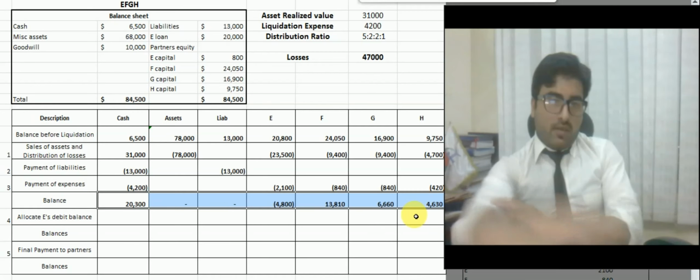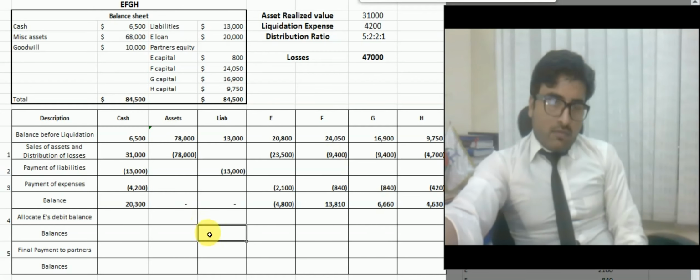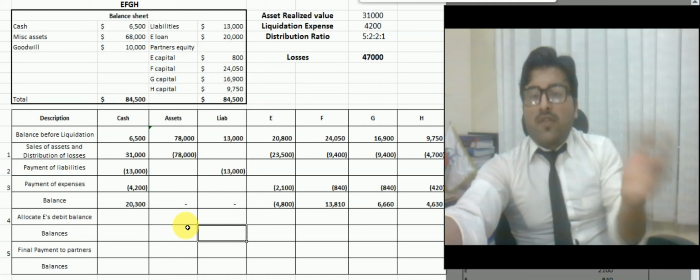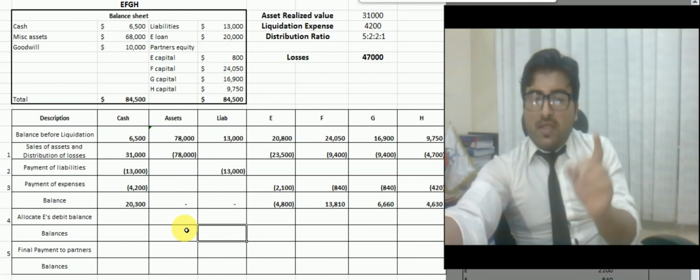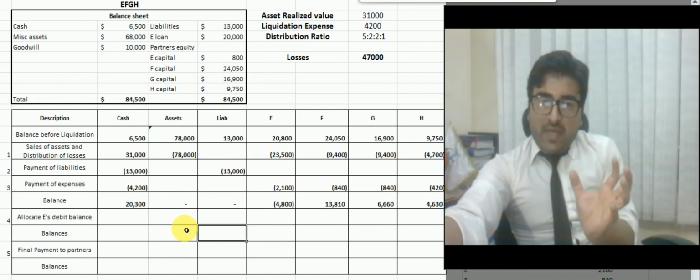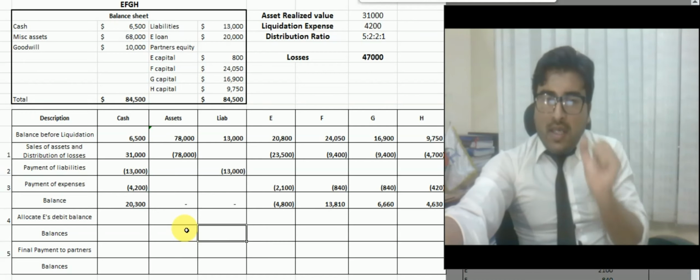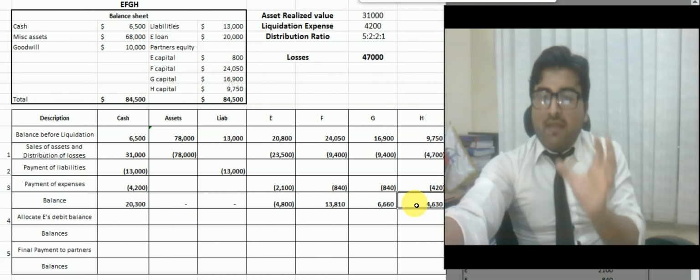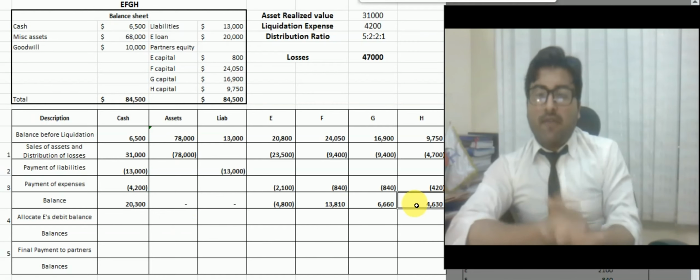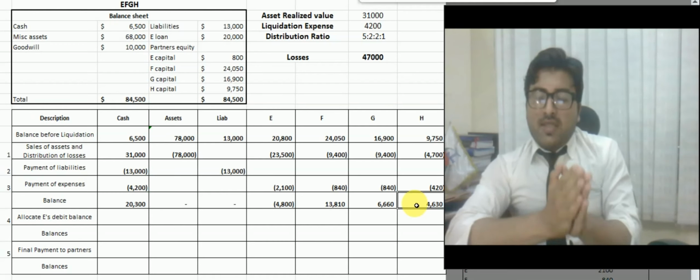Easy. It means after the distribution of losses, the payment of liabilities and the payment of expenses, how much cash is remaining? 20,300 at hand. And how much is the claim? G and H have a positive claim, positive value, and the E claim is negative.